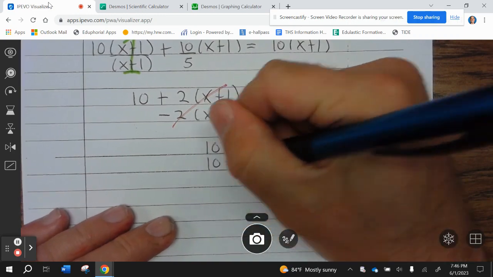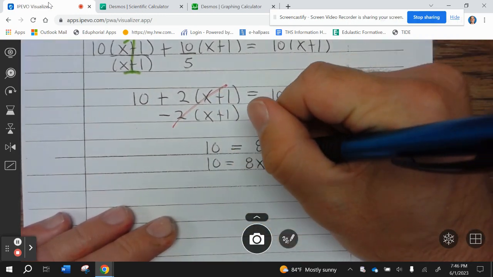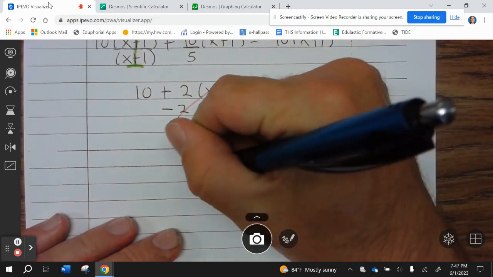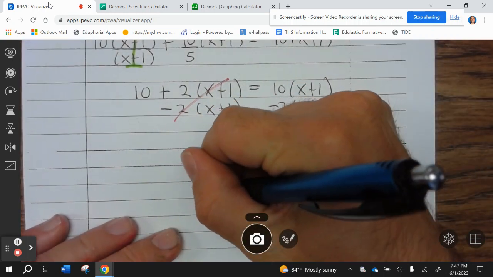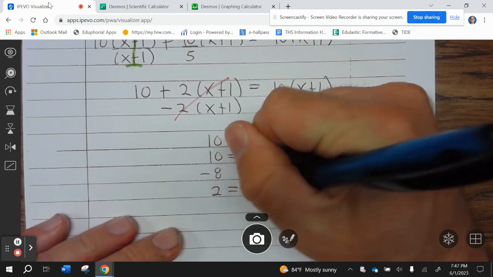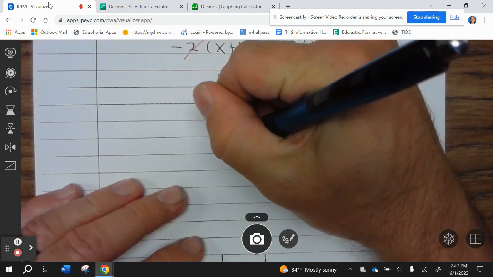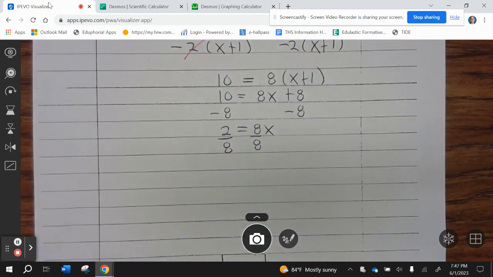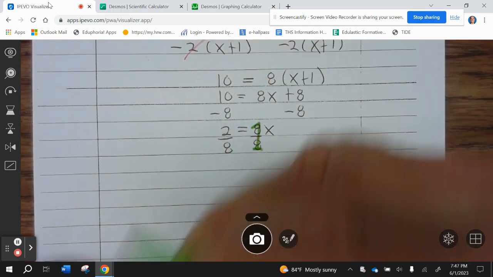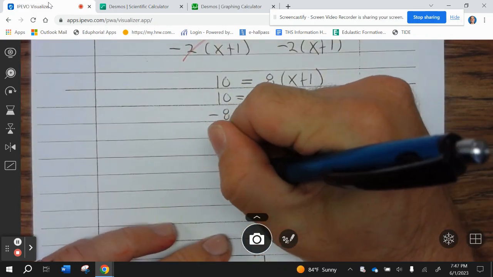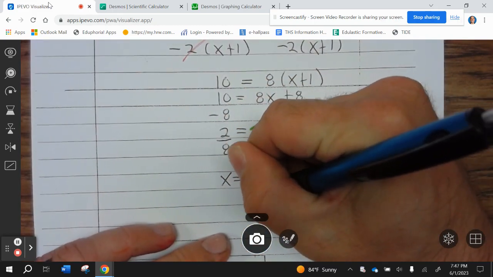So you get 10 equals 8x plus 8. Subtract 8 from both sides. You get 2 equals 8x. Divide both sides by 8. This divides and becomes 1. You get x equals 2 divided by 8.